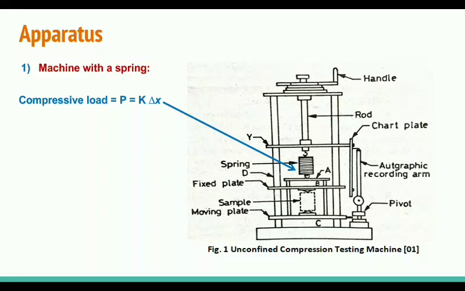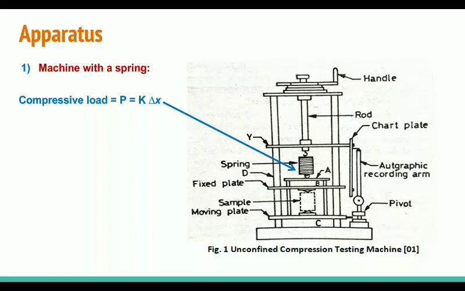When the spring is stretched, plate A will move upward, and plate A is directly connected to plate C, so plate C will move upward while plate B is fixed. One side of the soil specimen is fixed and the other side is moving upward, so the soil sample will get compressed.